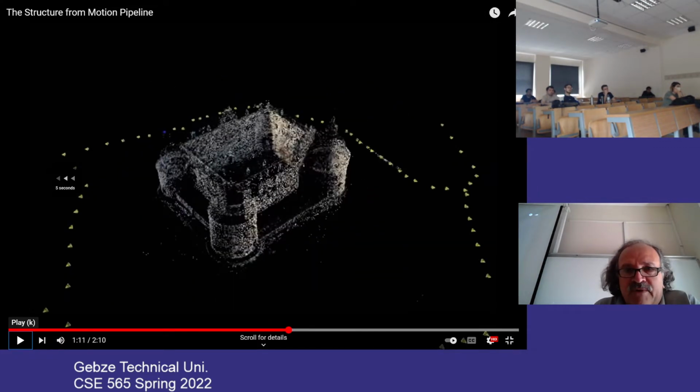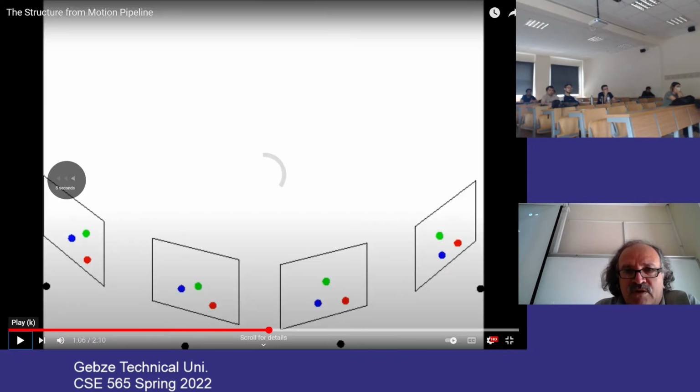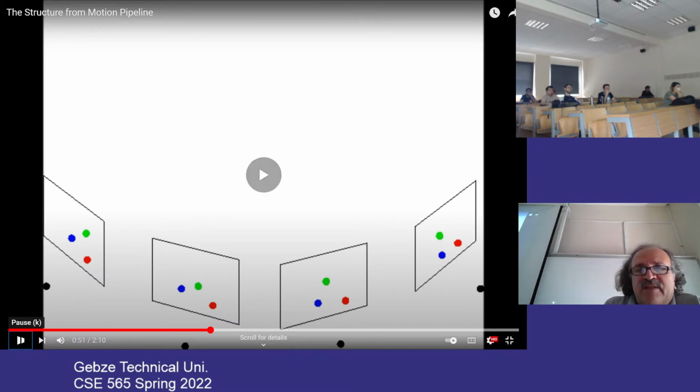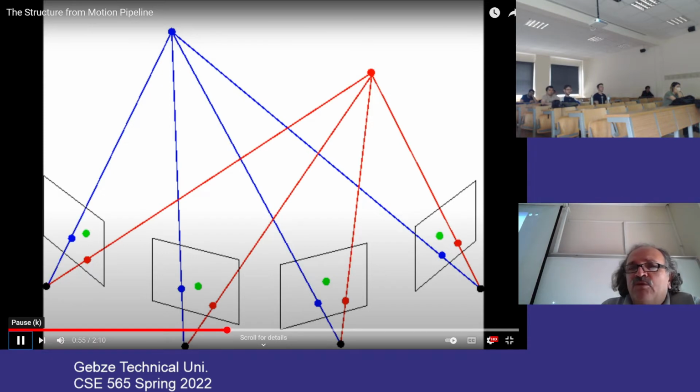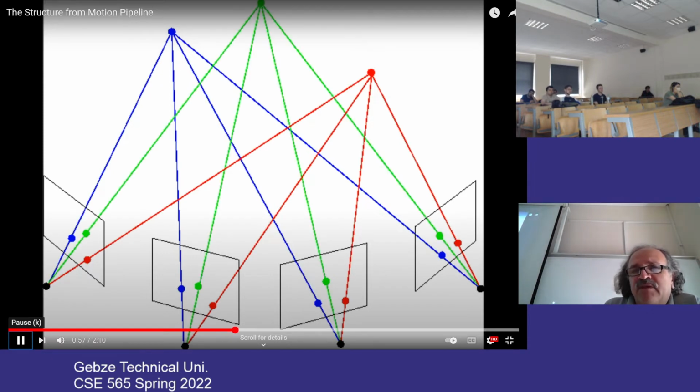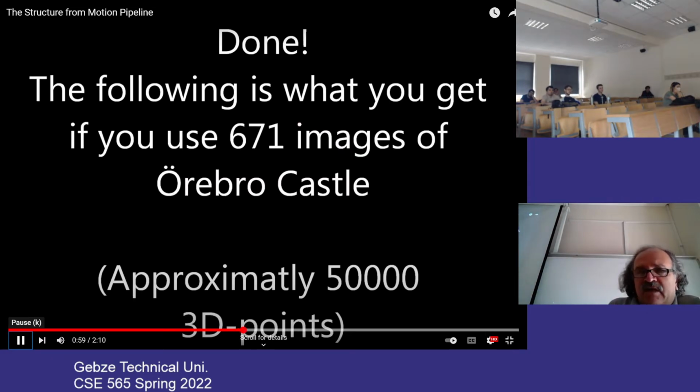So that's what I'm doing. This is called bundle adjustment. After the bundle adjustment, I recovered my camera positions, R and T, plus the positions of the points. So this guy has found 675 three-dimensional points of this castle.